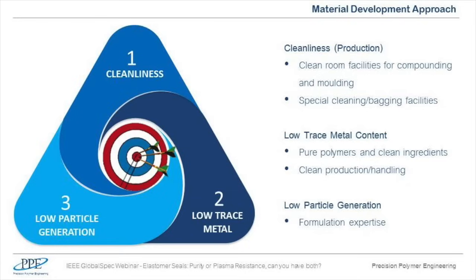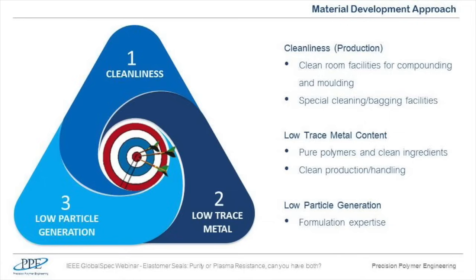The second key requirement is to have low trace metal content in the elastomer material. Trace metal contamination can cause electrical faults in the semiconductor processes, and in PPE we have a very good track record of having ultra pure materials such as Perlast G67P, which is one of the cleanest FFKM materials in the market.